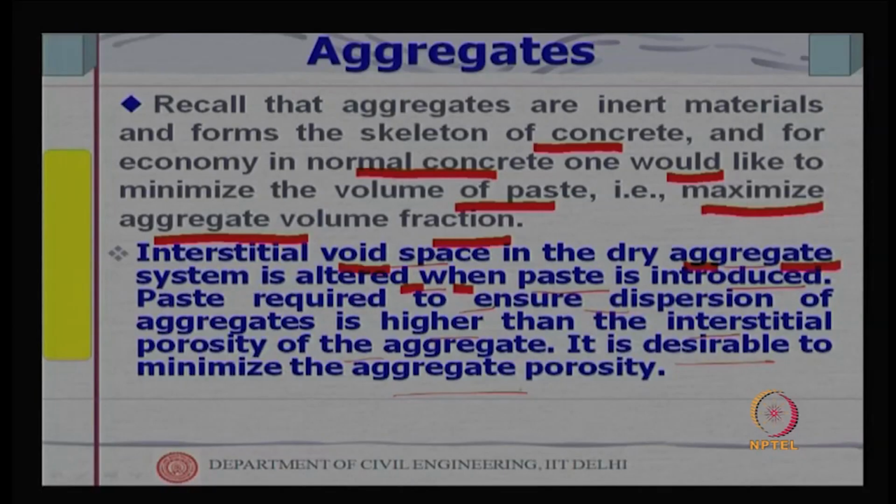So, when you add paste into the aggregate system, in fact paste goes into the interstices of the aggregate. Now, if you pack the aggregates alone, you get a void content or void space, which you can define in terms of porosity.